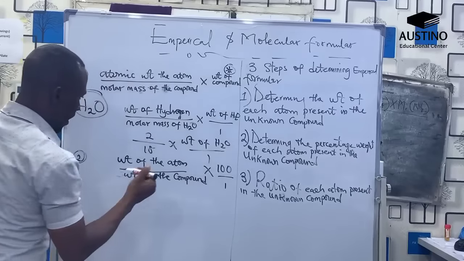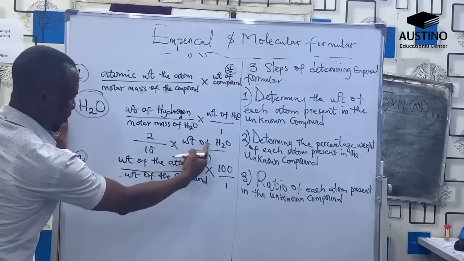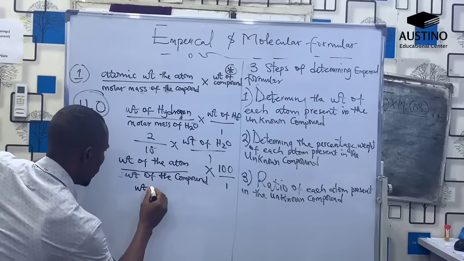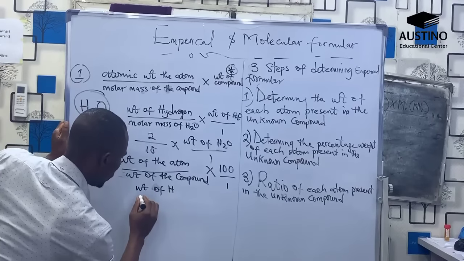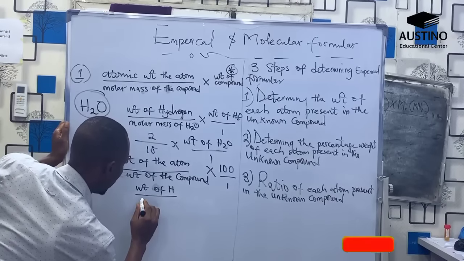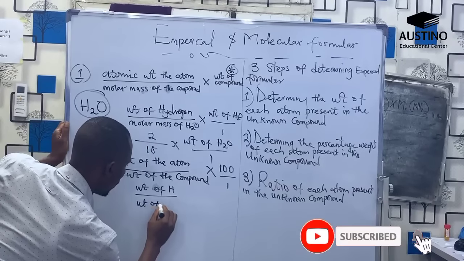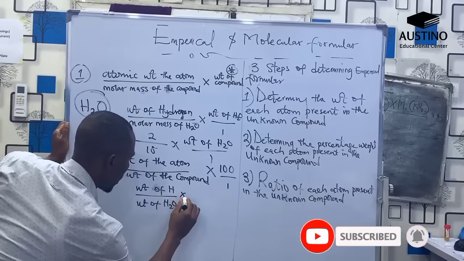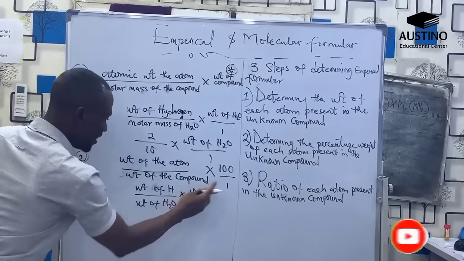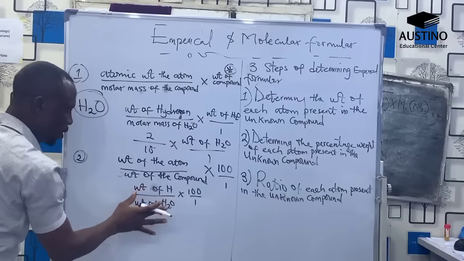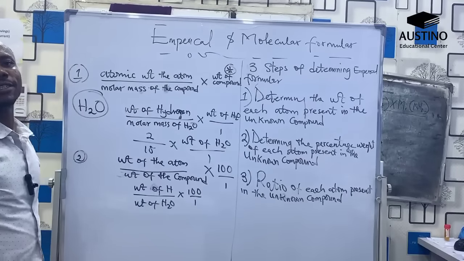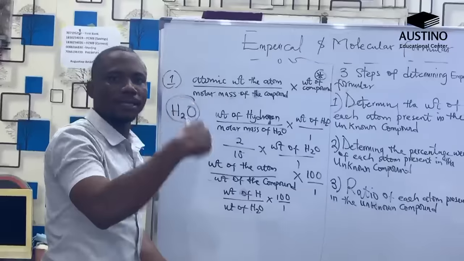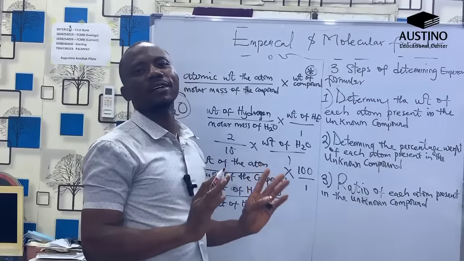Citing an example, the percentage of hydrogen is the weight of hydrogen all over the weight of water, times 100/1. This will surely give us the percentage of hydrogen in water.